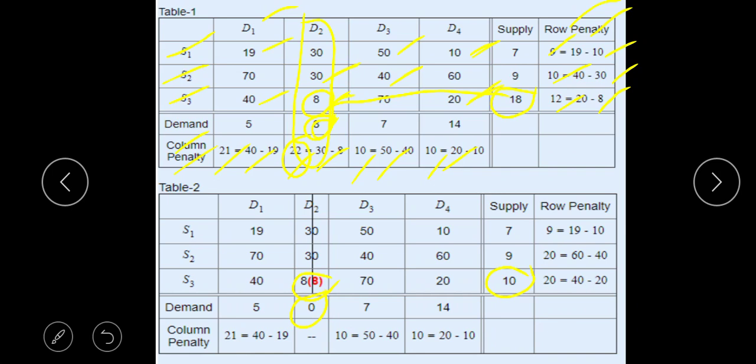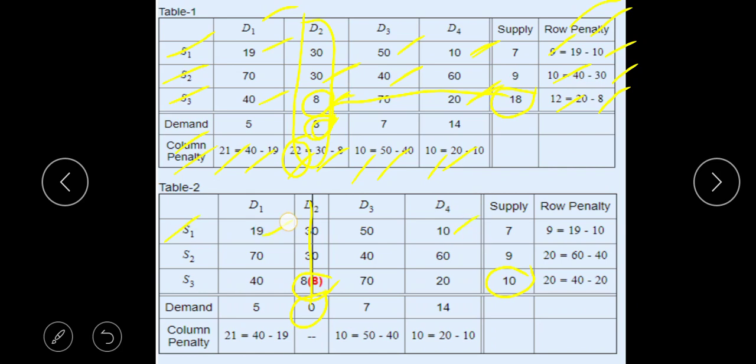Now as the demand became 0, the whole column is crossed off. That means the whole destination is crossed off because there is no demand requirement from that destination. And repeat the similar procedure. Now again find out the penalty. Come to the first row, least cost 10.